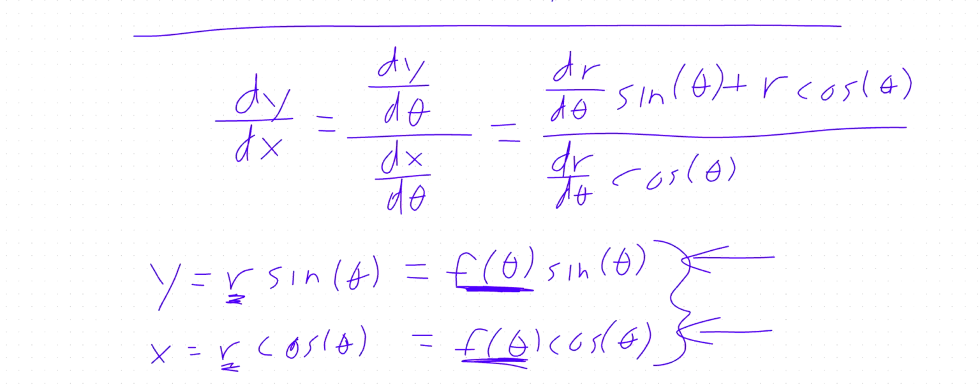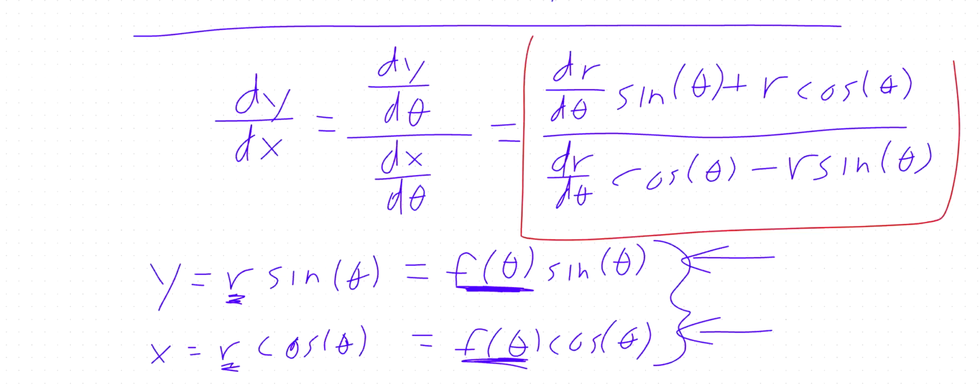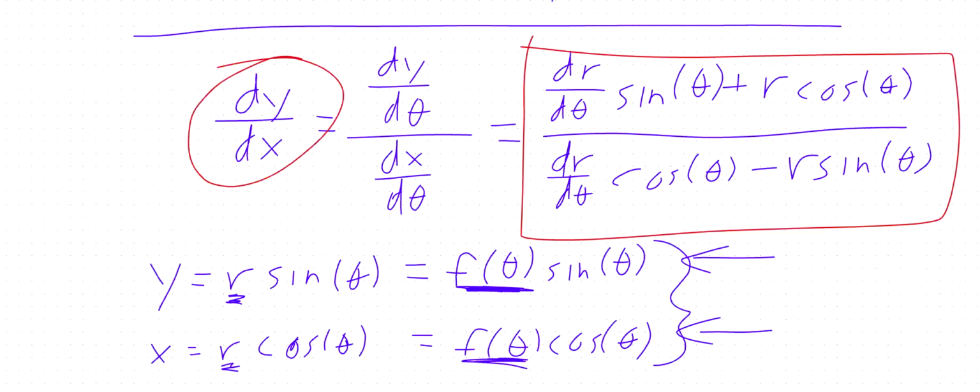Now, the derivative of cosine is negative sine, so let's just combine that together. So right here is the formula for your derivative. But overall it's not too bad with its individual components.